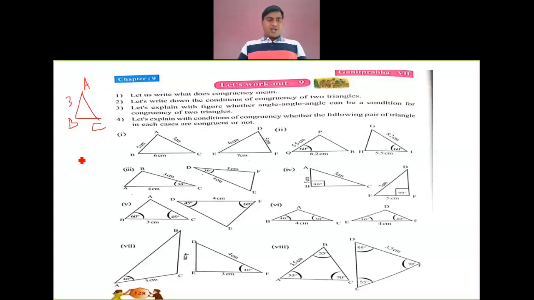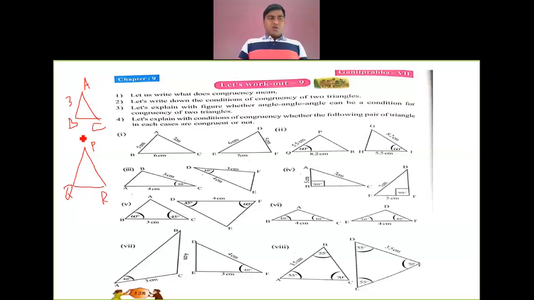And also we draw another equilateral triangle, each side equal to 6 centimeter. So this is the triangle PQR. Each side equals 6 centimeter. These two triangles are equilateral triangles.